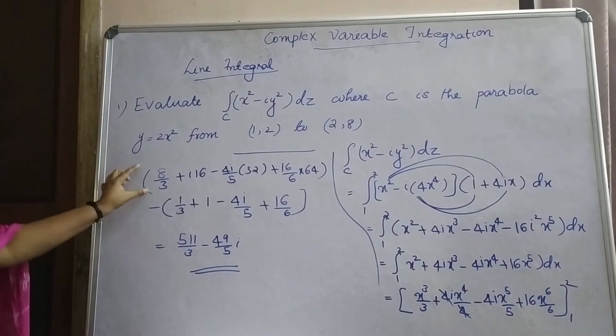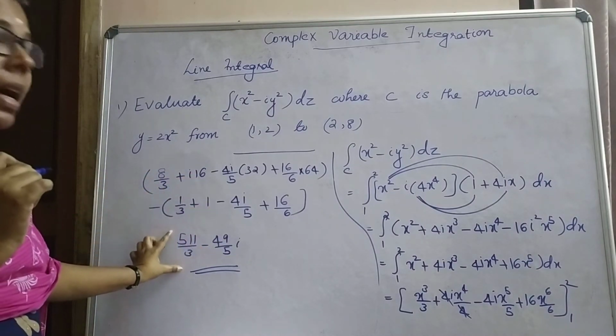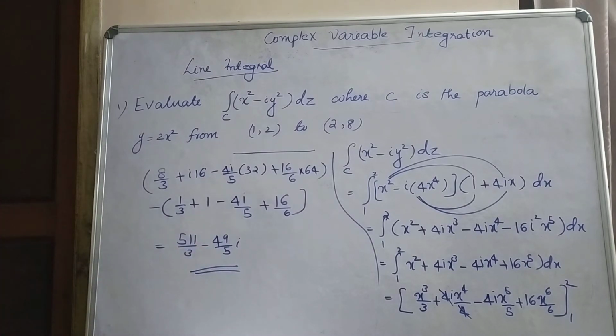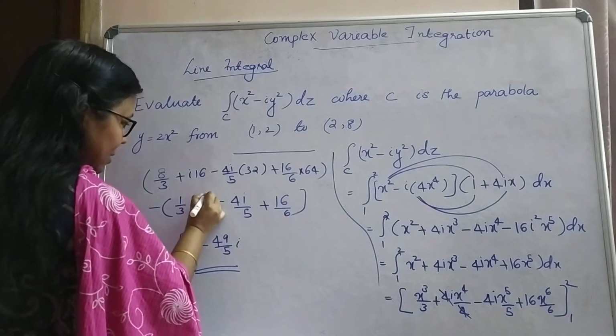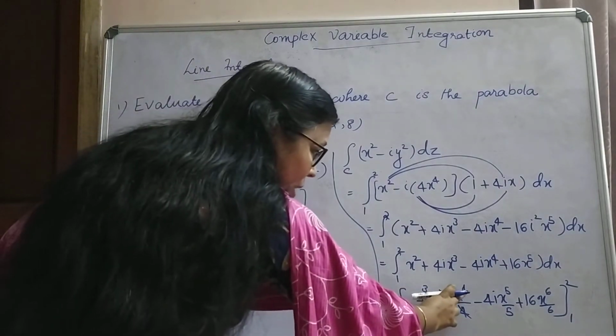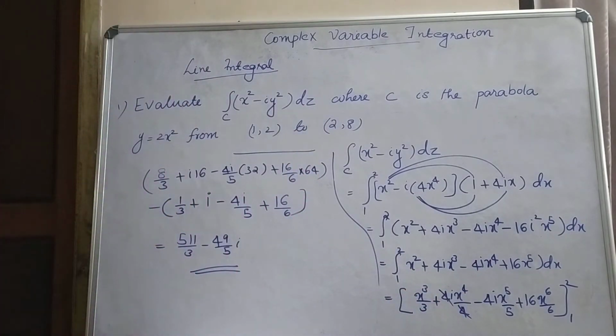By opening the bracket very carefully and applying the upper limit and lower limit, we get the answer like this. Here it is not 1, it is i: plus i x raised to 4, that is plus i. We get the answer like this.